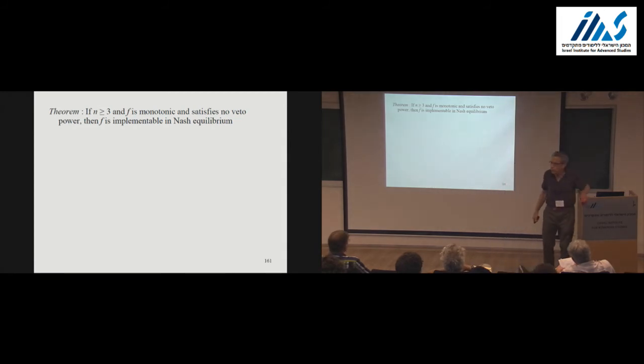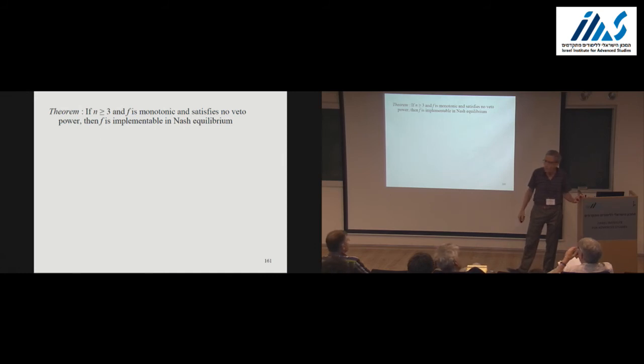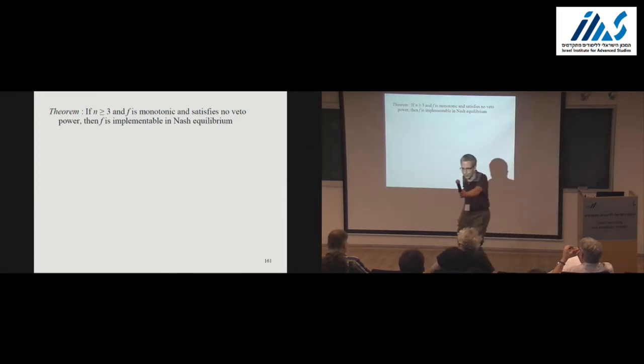And I'm going to take you through the proof of this, which is constructive. That is, we will actually create a mechanism, given F, which implements F. But before I do that, let me just pause and make sure everyone is with me. Any questions or comments?